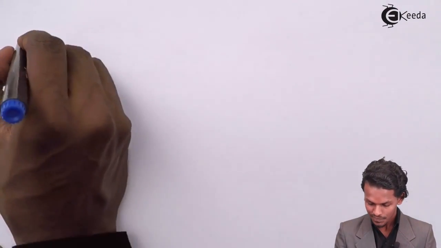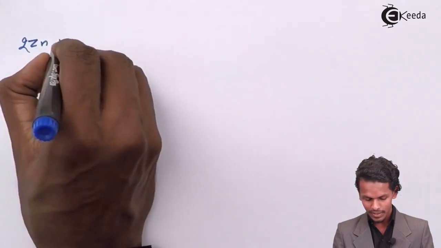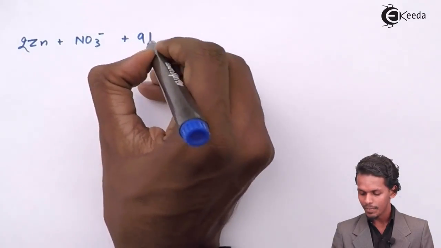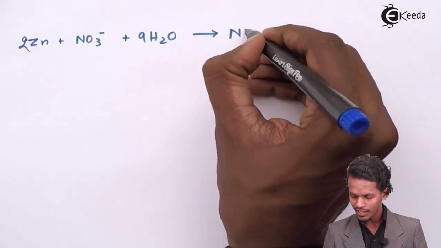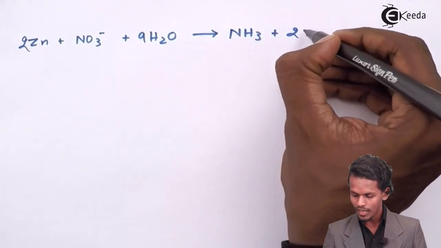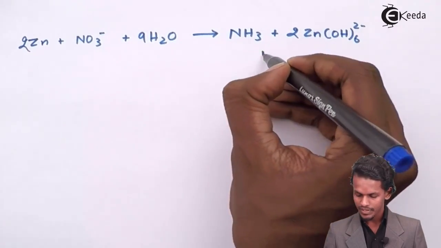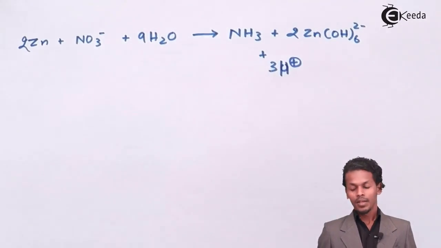So ultimately we could balance the equation as 2 times Zn plus NO3 minus plus 9 times H2O gives us NH3 plus 2 times Zn(OH)6 2 minus plus 3 times H plus.